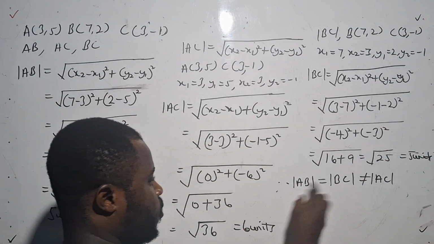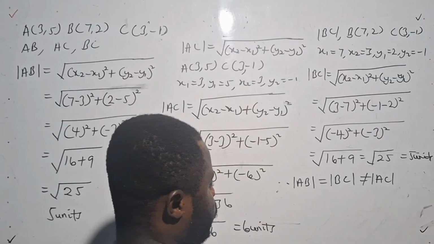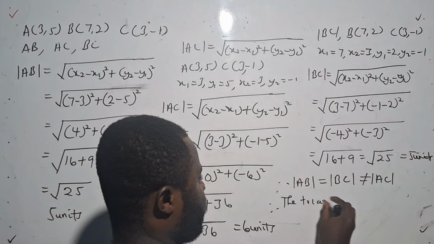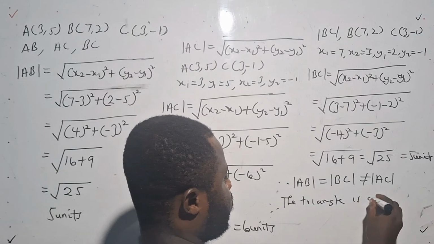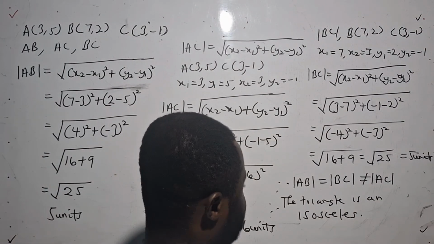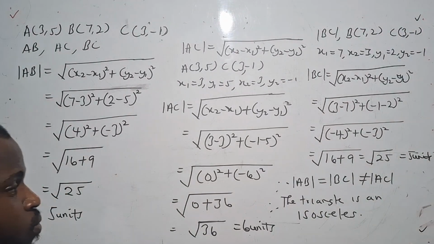So this is equal to this, but these are not equal to this. So therefore, the triangle is an isosceles. Therefore, the triangle is an isosceles.